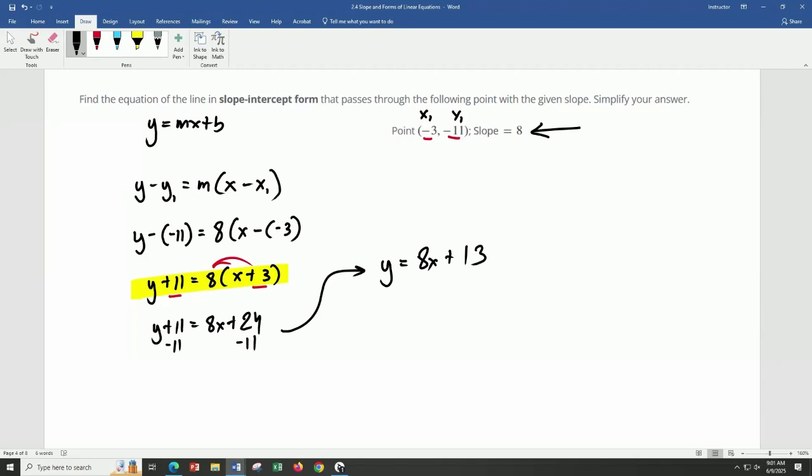What is our y-intercept? It's the point (0, 13). And then our slope is, of course, the 8, which we knew walking into that.